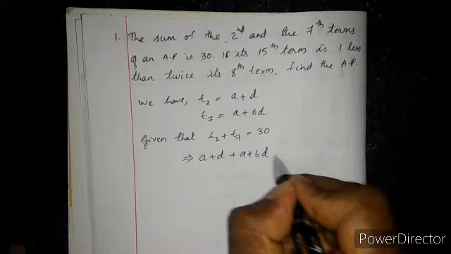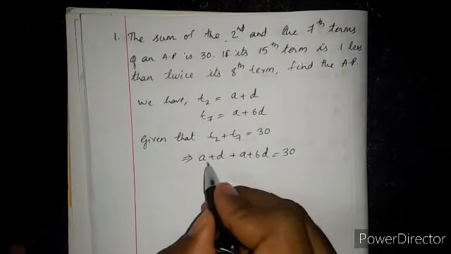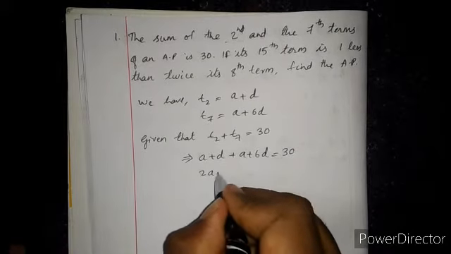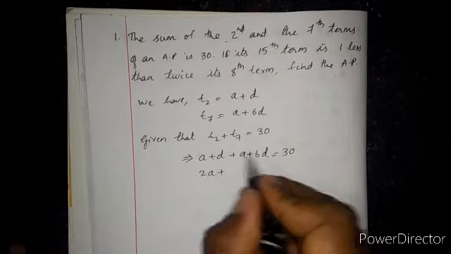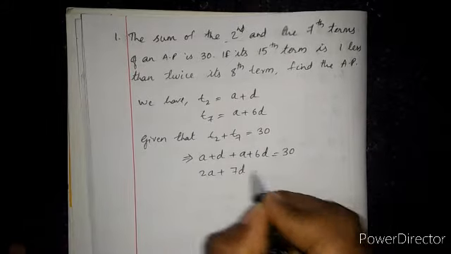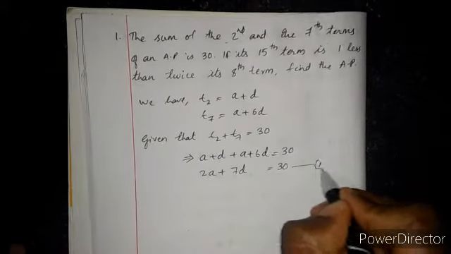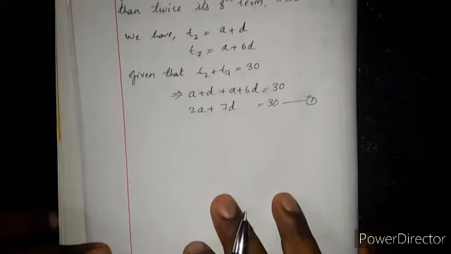It is A plus 6D, and that is 30. Now A plus A, it is 2A, plus 1D and 6D, total gives us 7D. That is equal to 30. Nothing more to do. So call it as equation number 1. This much you got. Now let us go to the second part.